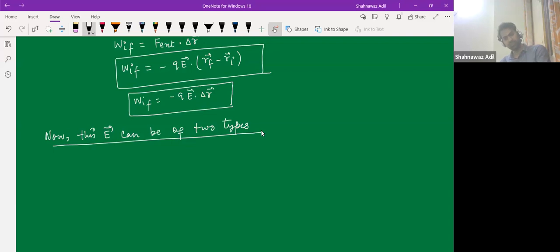Electric field doesn't have polarity. It has direction. Polar and non-polar are properties of charges, right? Charges are positive and negative.